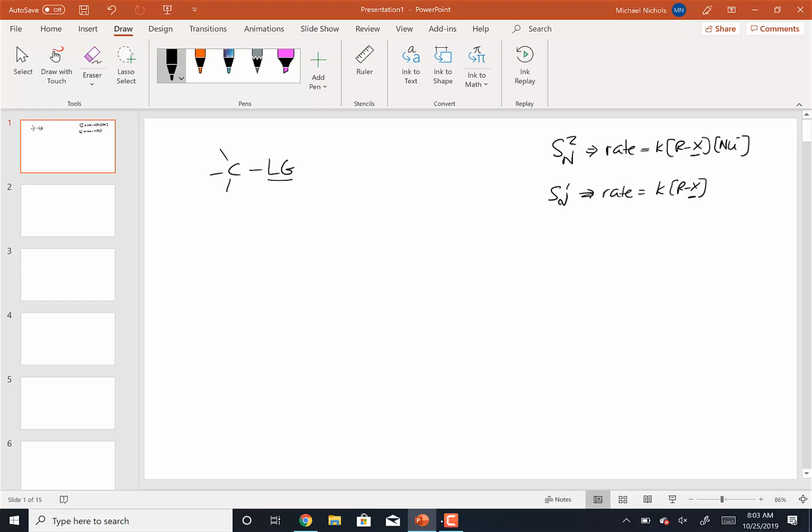So one of the problems we work up to is the idea that I could give you a pair of reactions and ask which one of those two reactions, A or B, goes fastest.